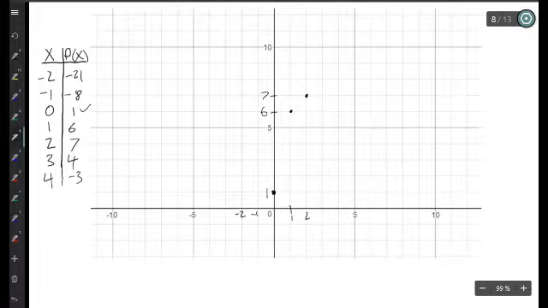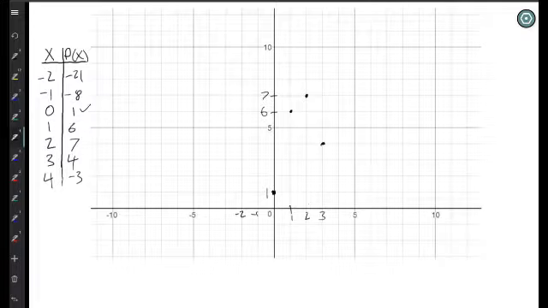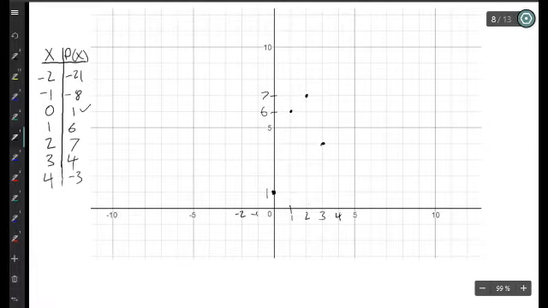At 3, we are at 4. And at 4, we're at negative 3. Down here.